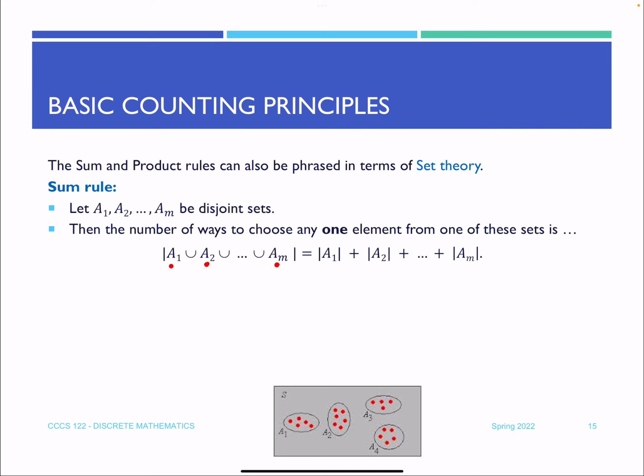And since these sets are disjoint, that is just equal to the sum of cardinalities of each of these sets, so the number of elements in each of these sets.